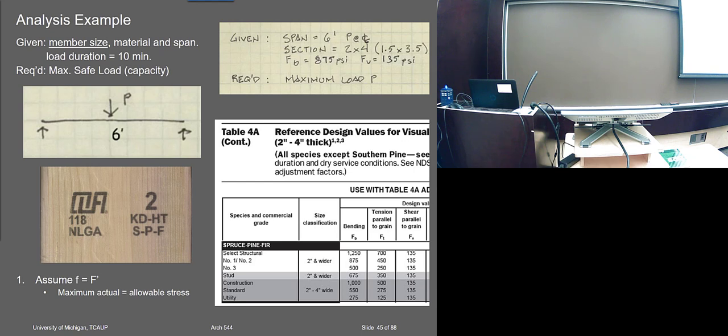And the question is, how much load can we put on a 2x4 before we'd be in danger of failing it? What we calculate here is the allowable load, so the safe load. It's not actually the moment where it's going to fail, but the safe capacity of it that we'd be calculating. So certainly I could stand on this, if I don't fall over.